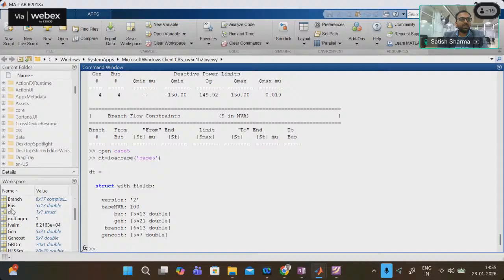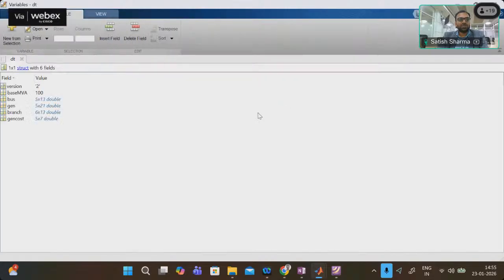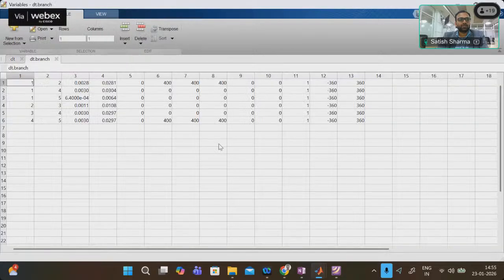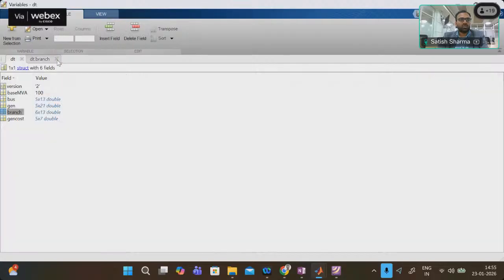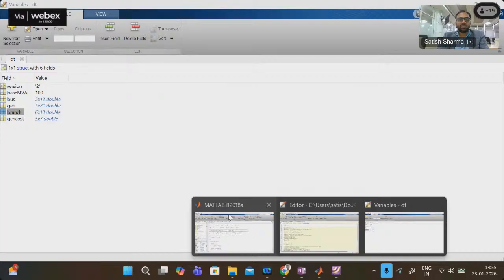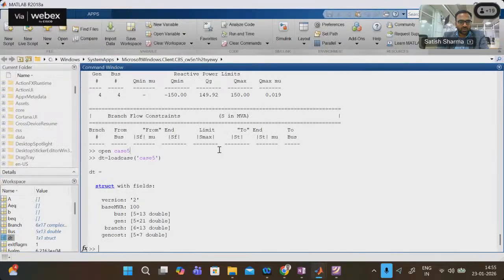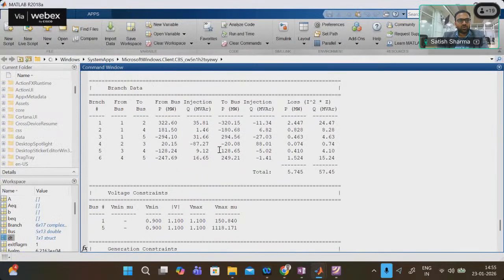And if I look at this dt, let's see what it is for the branch data. 400. Okay, and if we are running the ACOPF, what was the power flow? If you look at the power flows, from 1 to 2 it is 300, and the rest of the power flows are less than 300.